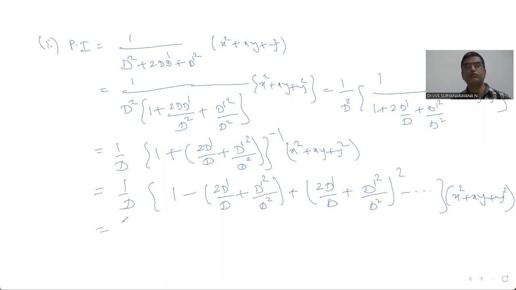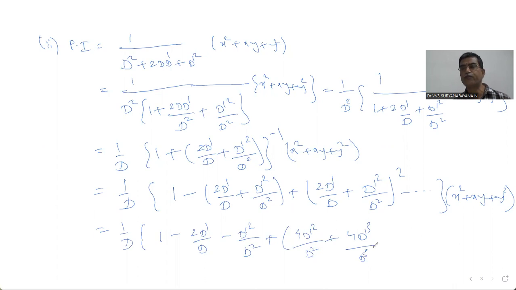So what we'll do is 1 minus 2d dash by d plus d dash square by d square, plus, using a plus b whole square, a square is 4 d dash square by d square, plus 2ab, 2 into 2d dash by d into d dash square by d square, so 2 into 2 is 4 d dash cube by d cube, plus b square d dash power 4 by d power 4, and so on, to be operated on x square plus xy plus y square.